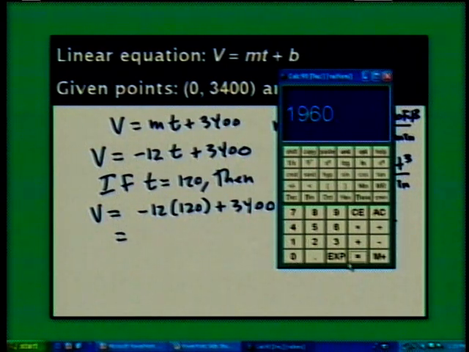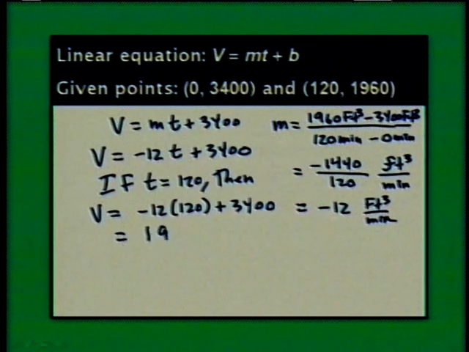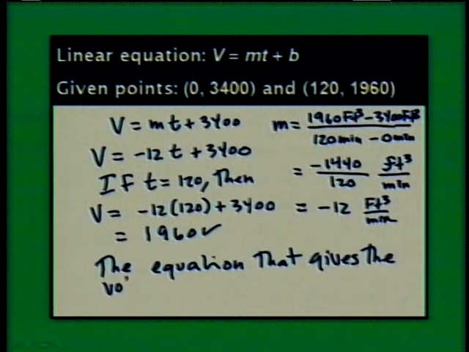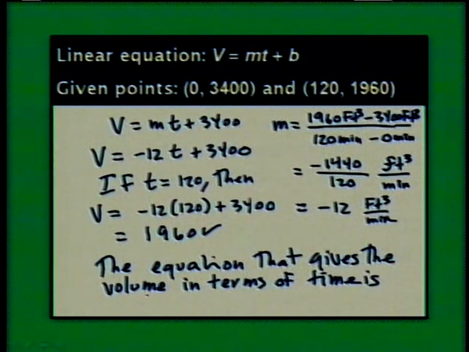And that equals 1,960, which is what I wanted. So the equation that gives the volume in terms of time is v equals negative 12t plus 3,400. So we found a model.